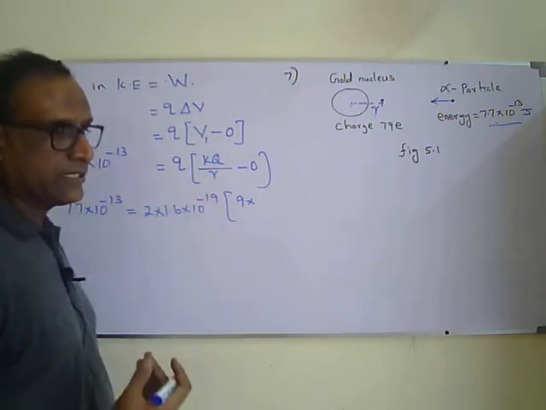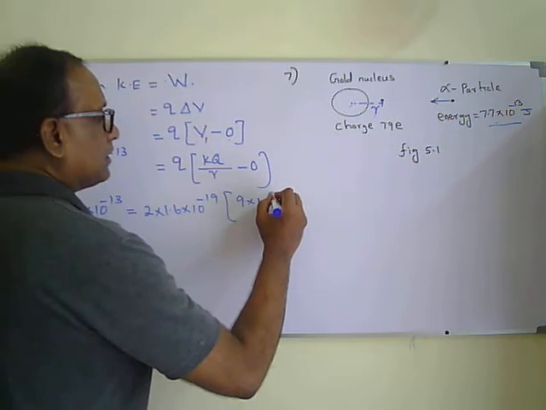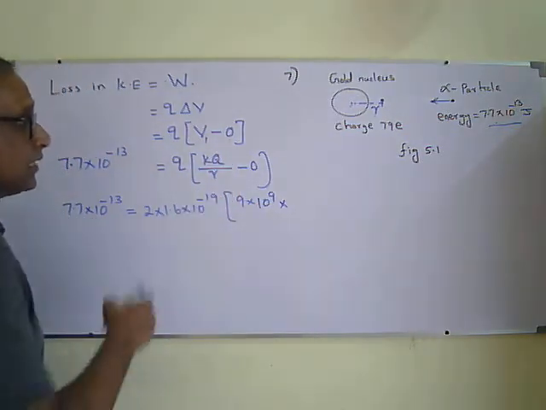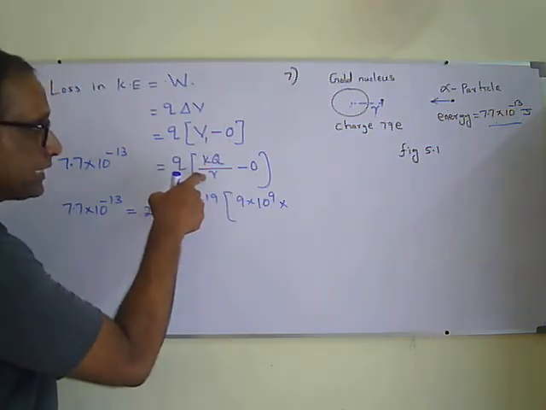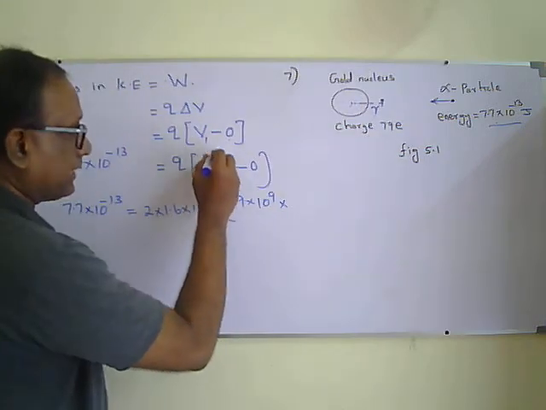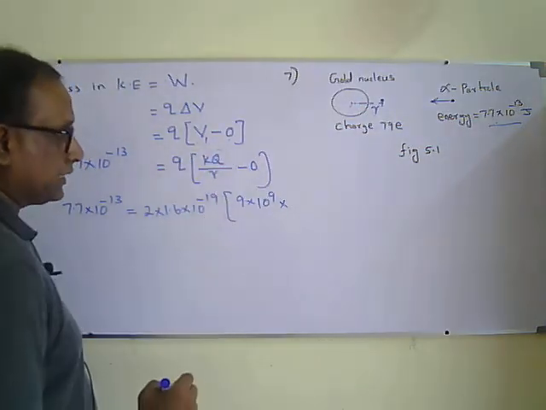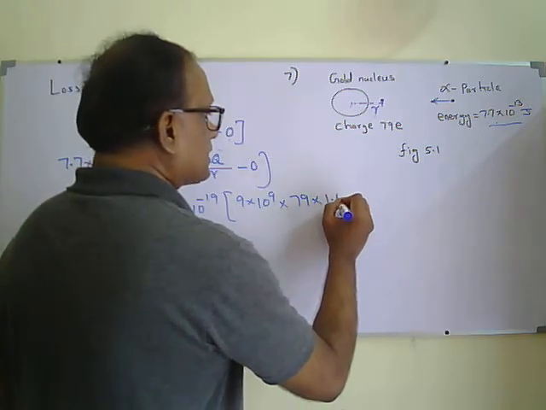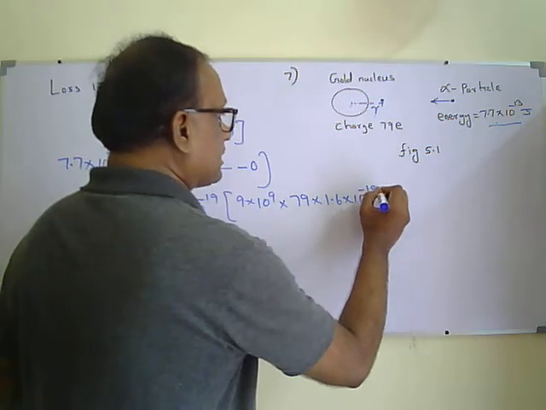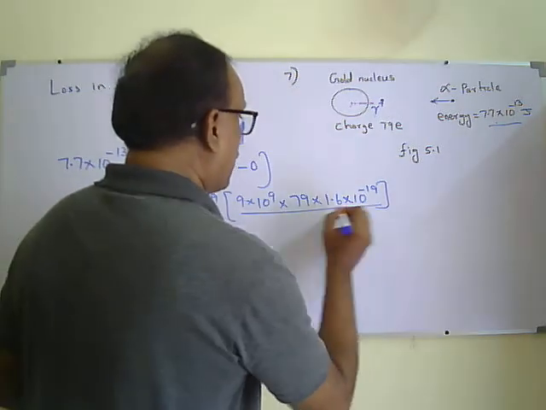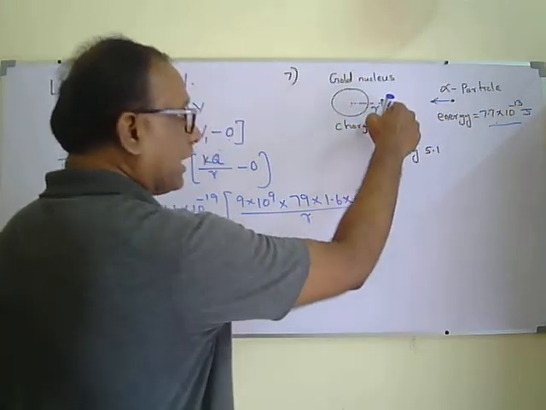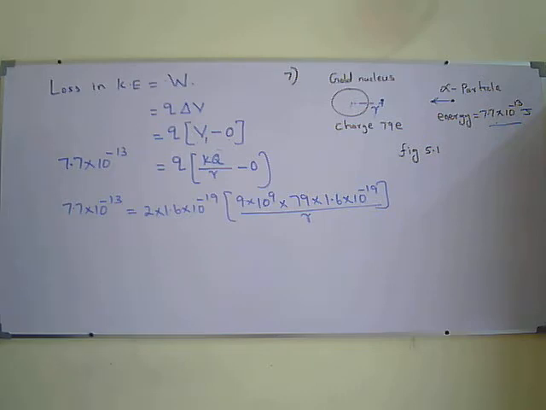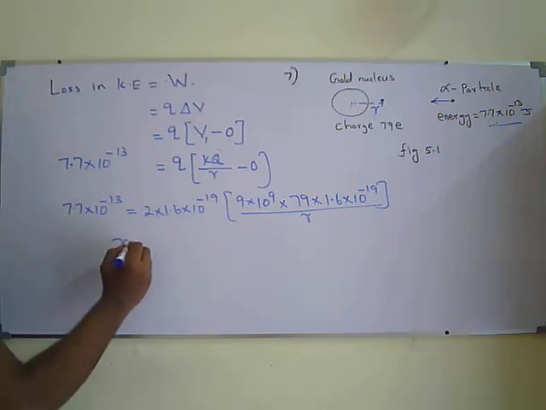I normally use 9 into 10 to the power 9 into charge of the gold nucleus, because this quantity is the potential of the gold nucleus. So 79 into 1.6 times 10 to the power minus 19 over R. R is the point where the alpha particle is stopped. Solve it and get the value of R.